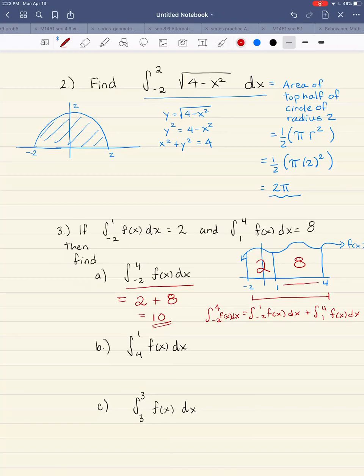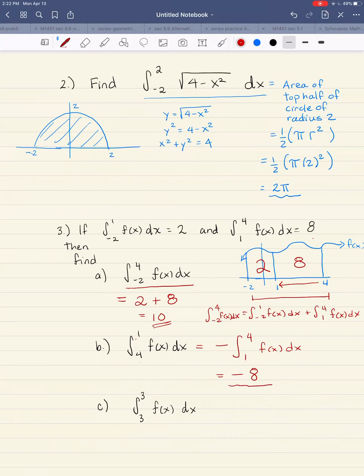Part B wants us to find the area from 4 back to 1. So since we're reading it backwards, this should be the same as minus the area from 1 to 4. We always read from left to right, so if you read here from right to left, then you change the sign.